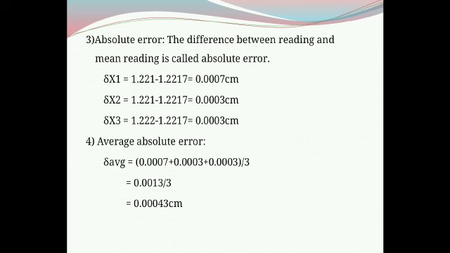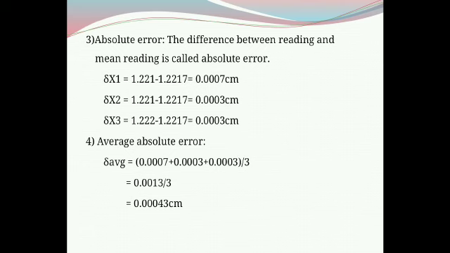Therefore delta x1 equals 1.221 minus 1.2217 equals 0.0007 centimeter. Delta x2 equals 1.222 minus 1.2217 equals 0.0003 centimeter. And delta x3 equals 1.222 minus 1.2217 equals 0.0003 centimeter.